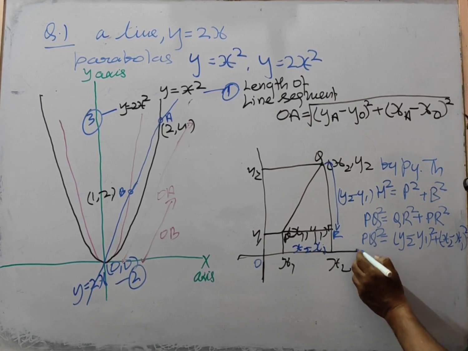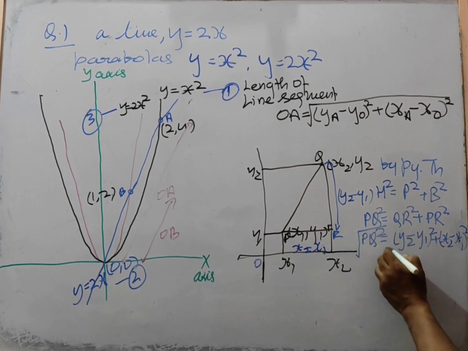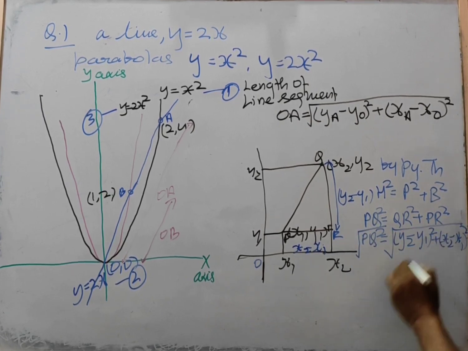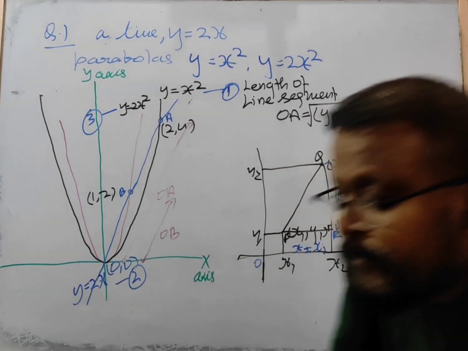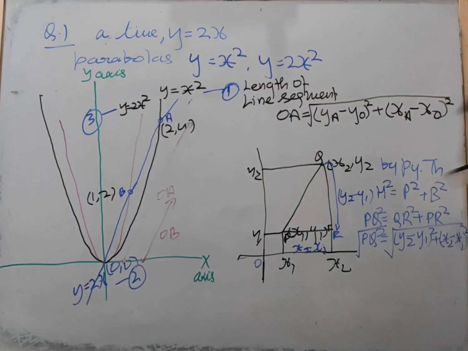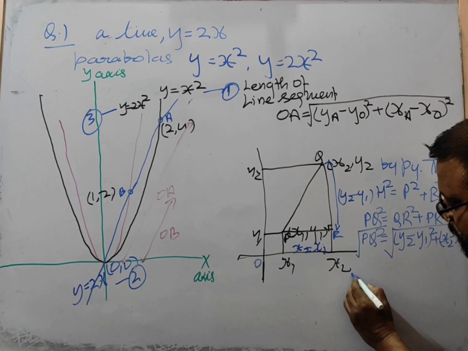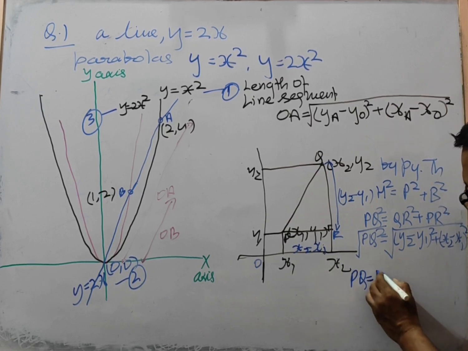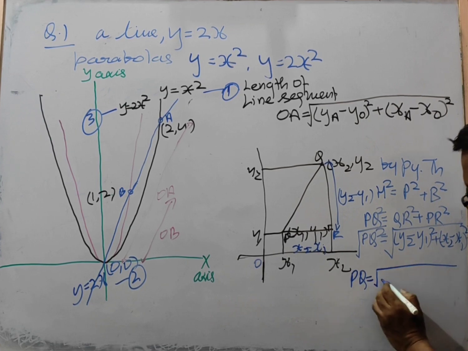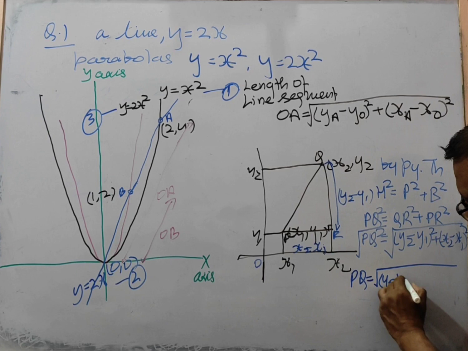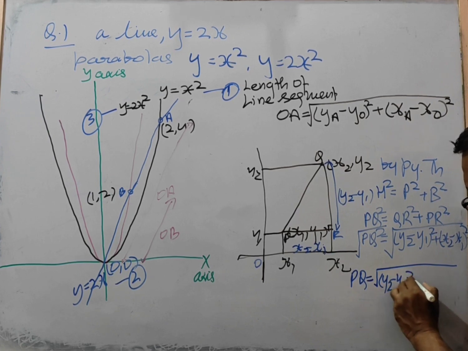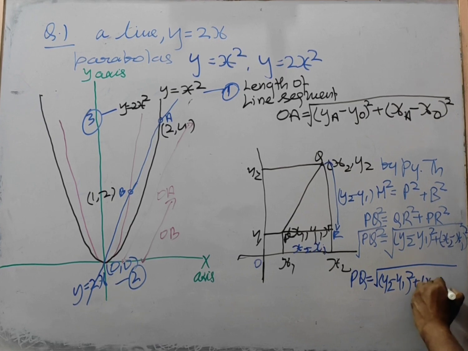Now taking square root on both sides, finally we get PQ is equal to square root of (y2 minus y1) whole square plus (x2 minus x1) whole square.